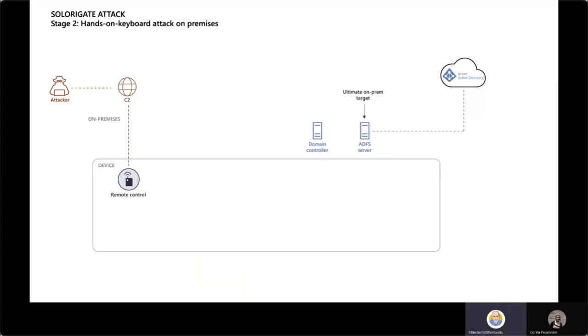Among other things, ADFS stores the Security Assertion Markup Language, also known as SAML, token signing certificate, which is used to create authorization tokens for users or services in the organization so they can access cloud applications and resources after they are authenticated.